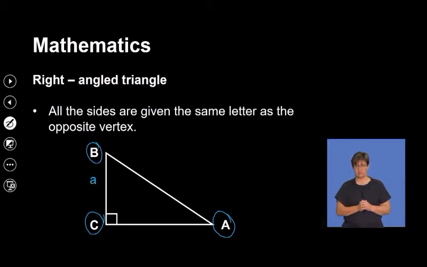So this is what I mean, a like that, b and c. So you can see that whichever vertex the side is opposite to, we name that side using a lowercase of that vertex. So this saves time from saying side AB. Instead, you can just say side c, you see. So it makes it a bit easier for us to talk about these sides.